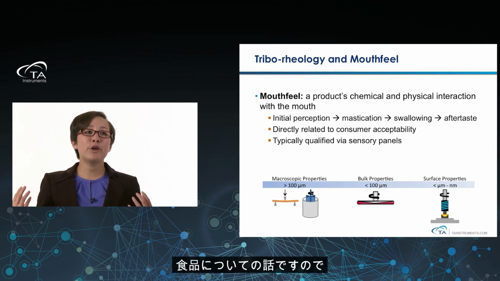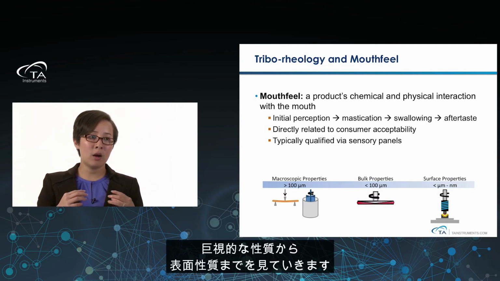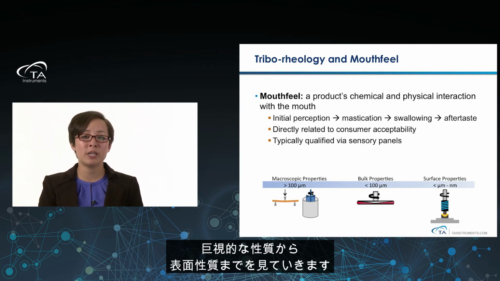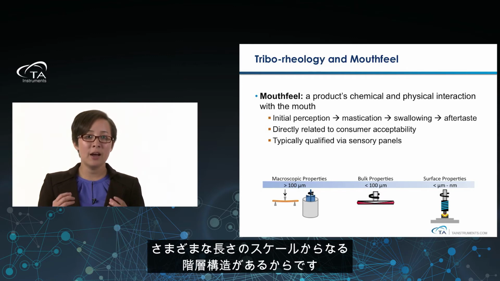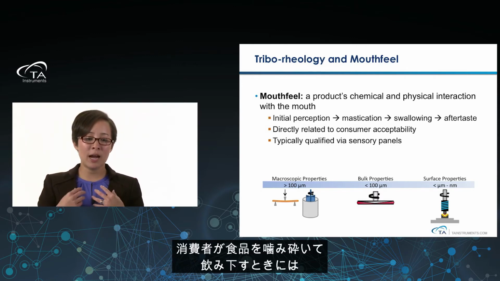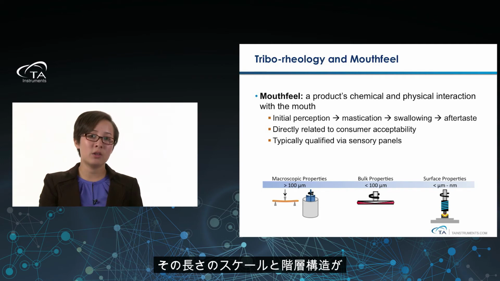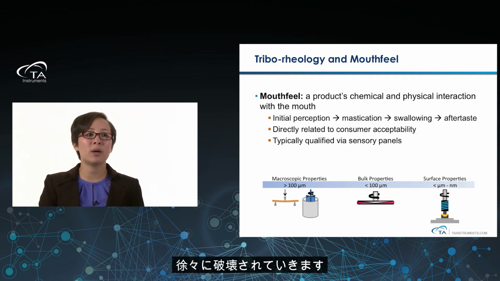When we talk about food, we're looking at things going from macroscopic properties all the way down to surface properties, because you have these hierarchies of length scales and structures inside of a food product. And as a consumer, as this food is chewed and swallowed, those hierarchical structural scales are going to start breaking down.